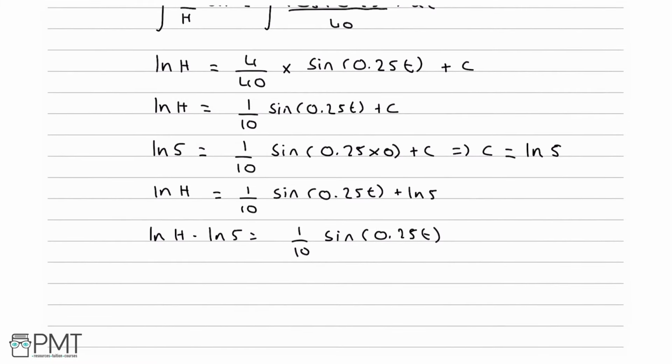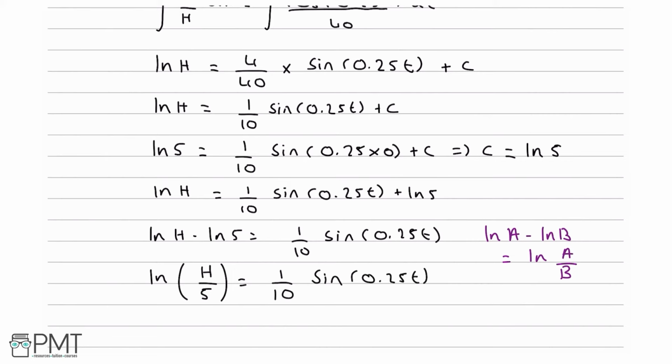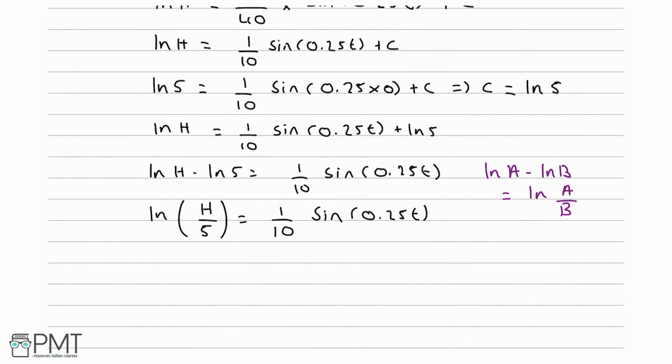I'm then going to rewrite this using the rule that ln a minus ln b equals ln of a divided by b. So we have ln of h over 5 equals 1 over 10 sine of 0.25t. The final step is to rewrite 1 over 10 as 0.1.